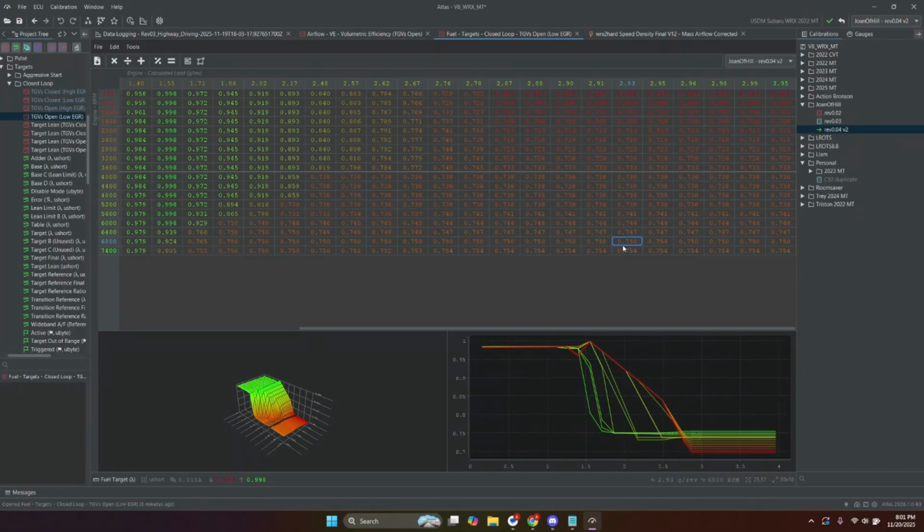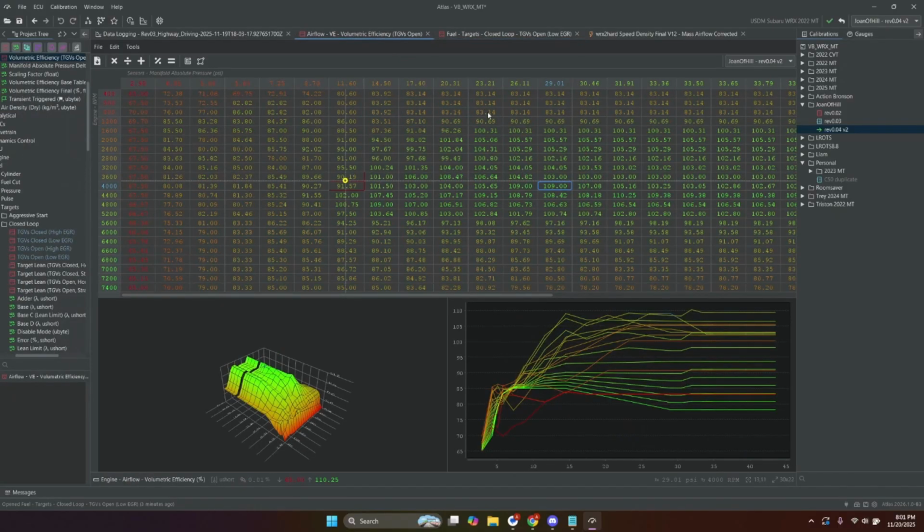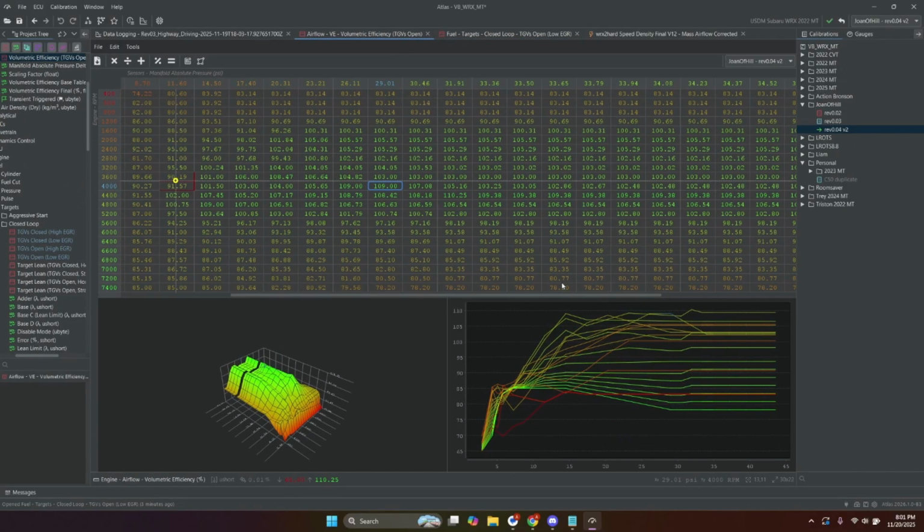air. So pause. The amount of air going in on the fuel table is before the adjustment for volumetric efficiency. Volumetric efficiency is the last step before the amount of air that's used to calculate fuel, because the amount of air that's used to calculate fuel is MAF final, MAF corrected final, what have you.